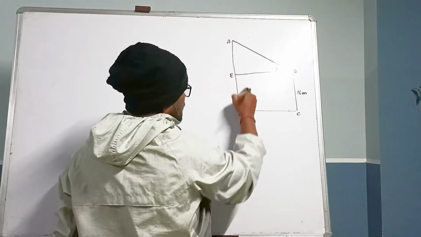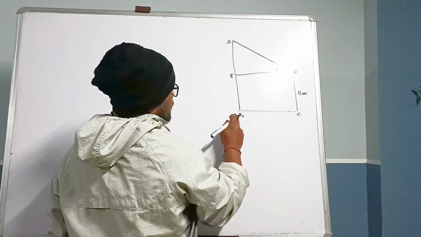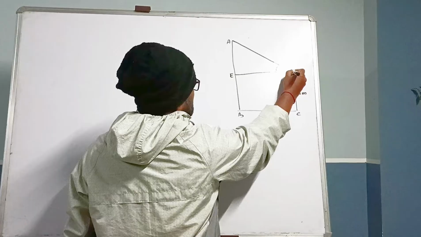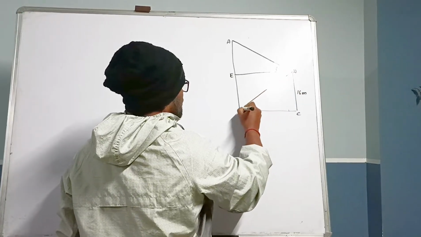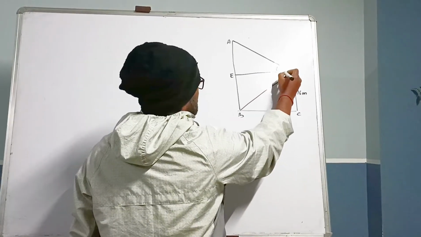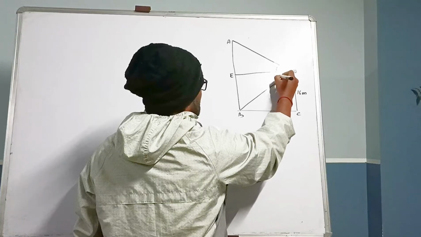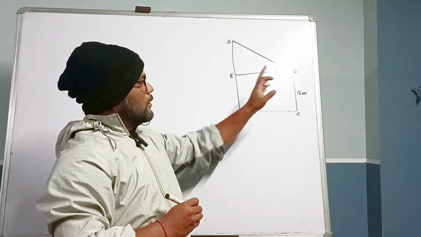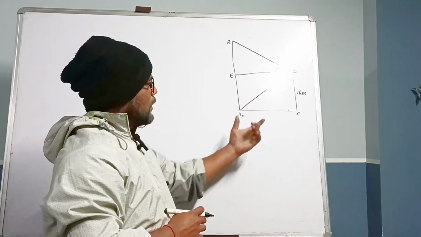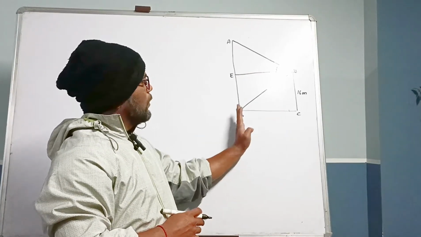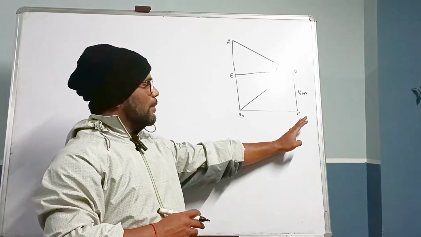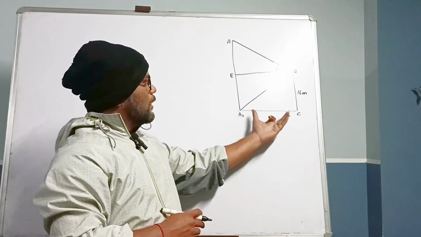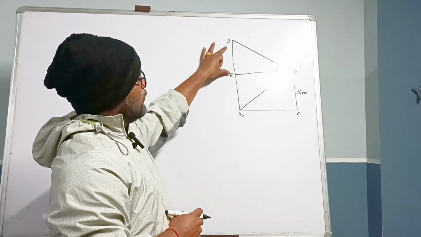So the monument is this one, the top is point A and the foot is point B. From the same point, the foot of the monument is seen at an angle of depression of 30 degrees. So what are you supposed to find? You're supposed to find the distance between the monument and the building, that is BC, and the height of the monument.